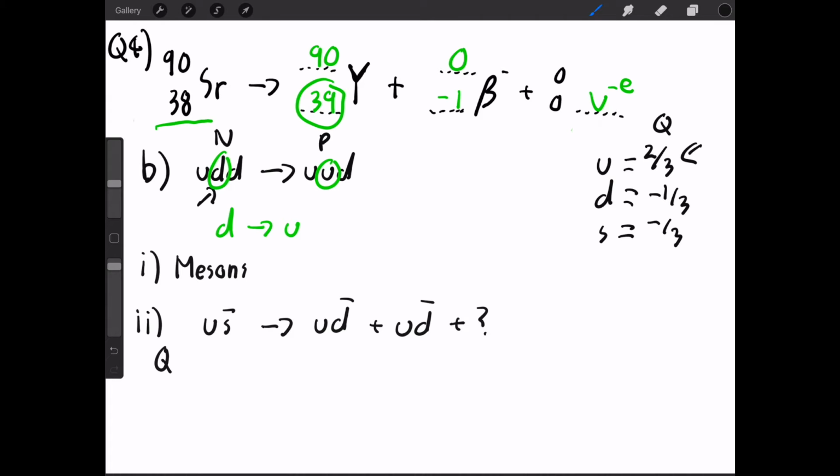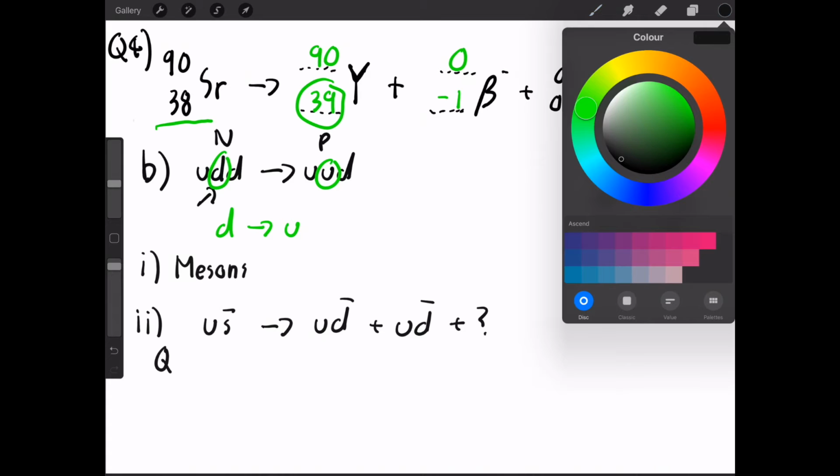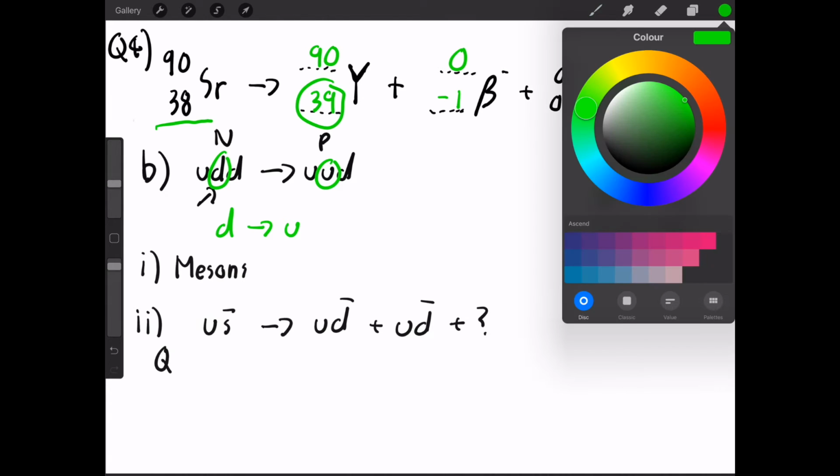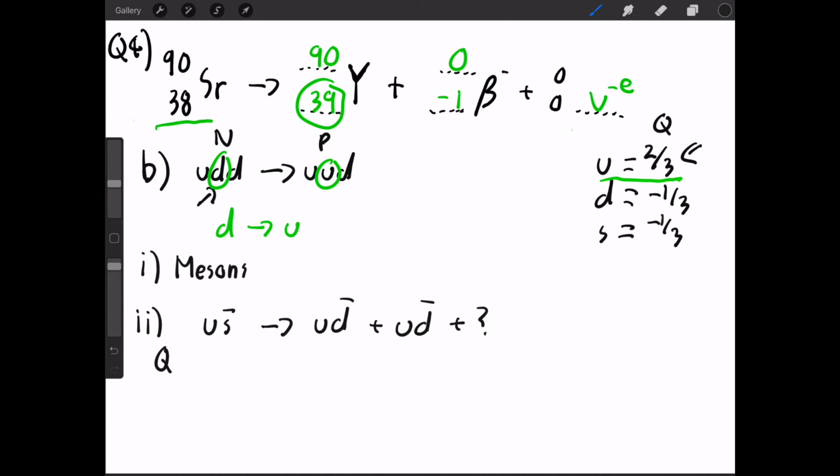The charge for an up anti-strange: an up is 2/3, and an anti-strange is +1/3, so that's 4/3 plus... sorry, the charge for this is going to be +1. The charge for the up anti-down particle is 2/3, and it's anti-down, so that's going to be plus 1/3, not minus 1/3, because it's an antiparticle, so that will also give us +1, and of course this one is the same.